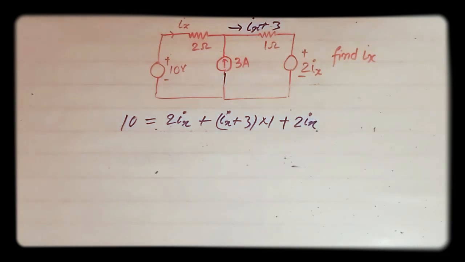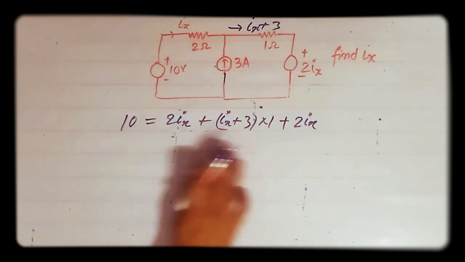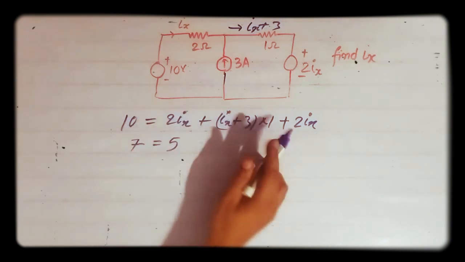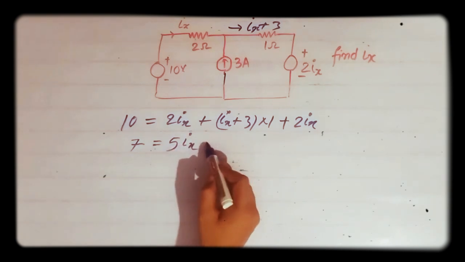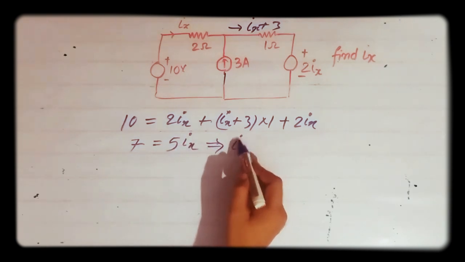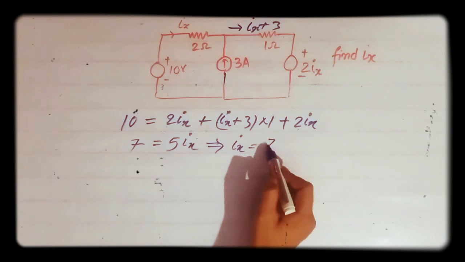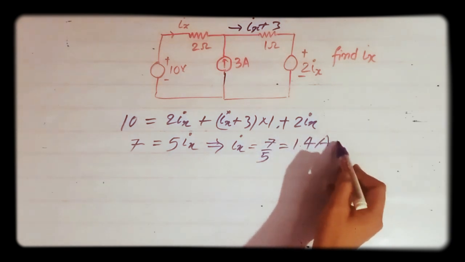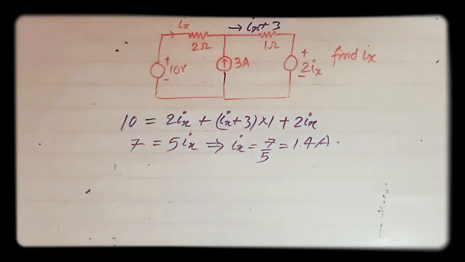So we get 10 minus 3, that is 7, equals 5ix. So ix equals 7 by 5, that is 1.4 ampere. So I am getting the same answer.